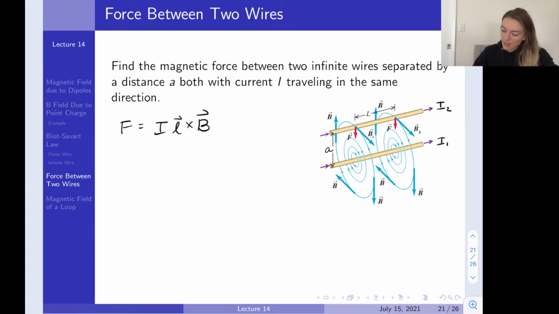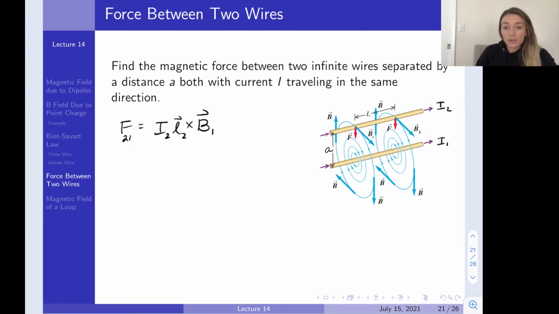So let's say I want to find the force on wire 2 due to the magnetic field of wire 1. So I need the current I2, the length of wire that we're looking at on this second wire, and then this is going to be the magnetic field of wire 1. So this is the force on wire 2 due to wire 1.